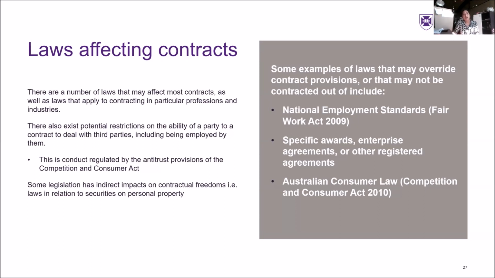And beyond that, you also have examples of laws that may override contract provisions and that may not be contracted out of. So we have things like the National Employment Standards out of the Fair Work Act.